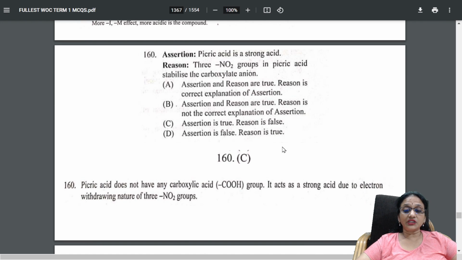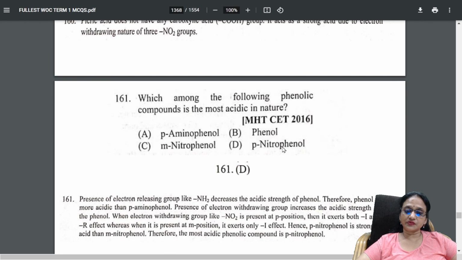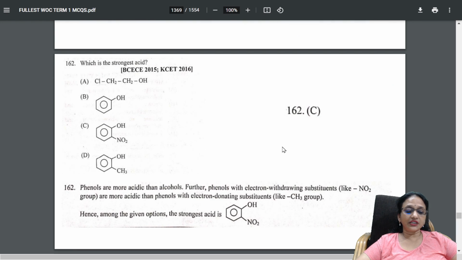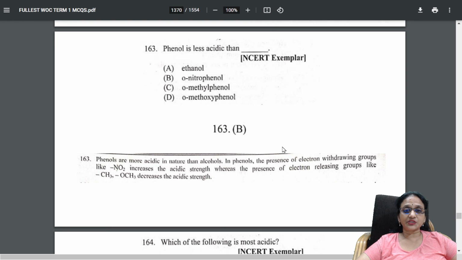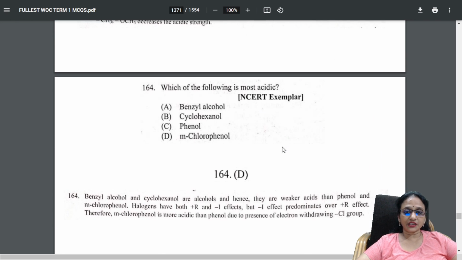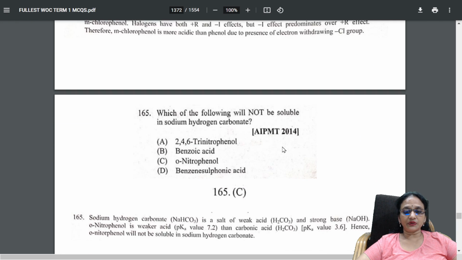My request is, study all the questions. Don't leave a single question. You will get full marks in your books. Every question in this is important. So study all the questions, carefully note all the questions, and attempt your paper well.